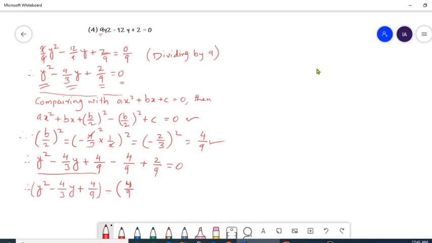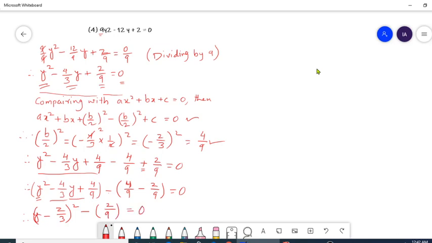Since I am taking minus as a common factor, this plus will change to minus 2 by 9 equals 0. Now I can convert this part as (a minus b) whole square. So you can take the square root of the first term, that is y, minus the square root of 4 by 9, that is 2 by 3, whole square, minus 4 minus 2, that is 2 by 9, equals 0.